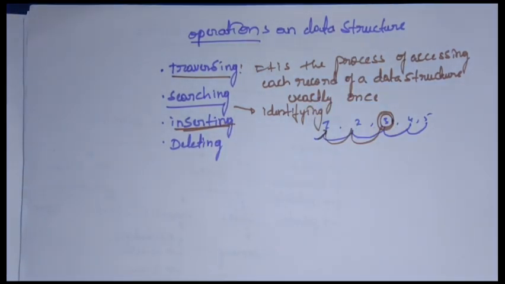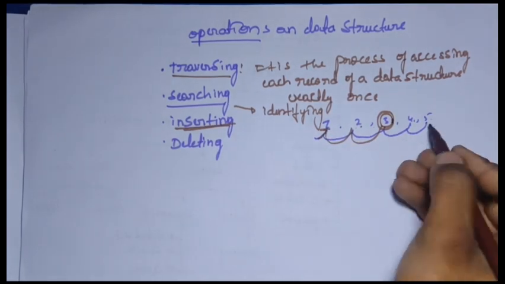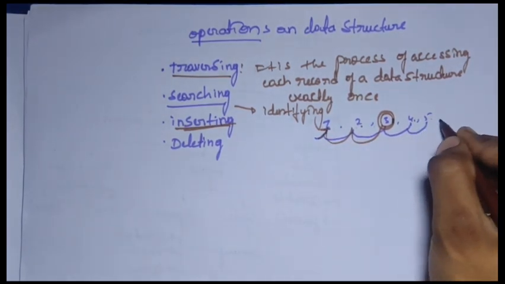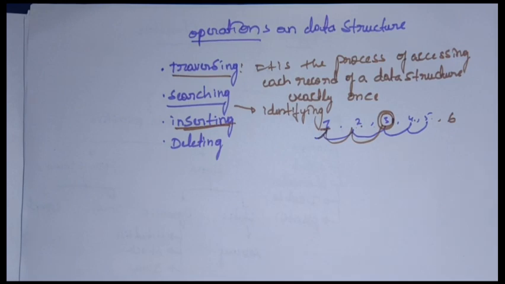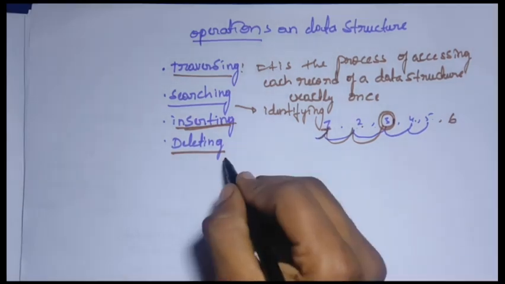Inserting is nothing but adding a new element to the record or a new record to an already existing list. Suppose this is the list 1, 2, 3, 4, 5, and I want to add another element, that is 6. Okay, next is deleting. Deleting is nothing but removing an already existing element.